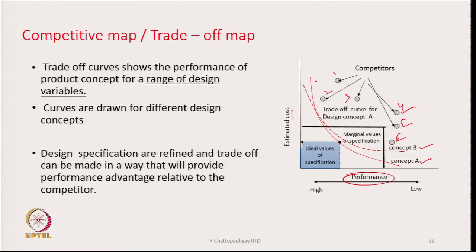One is shown by the dotted hatched line, and the other by a firm line. So, for concept A and concept B, the performance versus cost curves are drawn and shown here, and at the same time we have given the performance value and corresponding cost for different competitors.